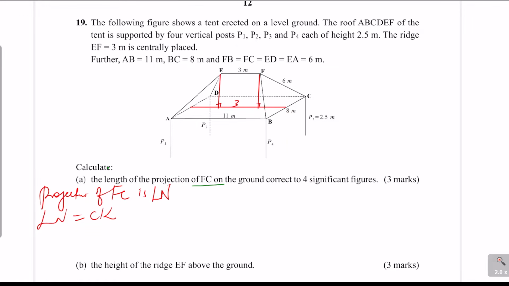We'll get that one because the whole of this distance here is the same as this distance AB, and it is 11. So if I take 11 and subtract 3, I'll remain with these two equal parts here, and each one of them will be equal.